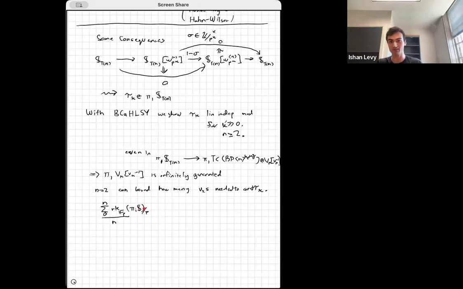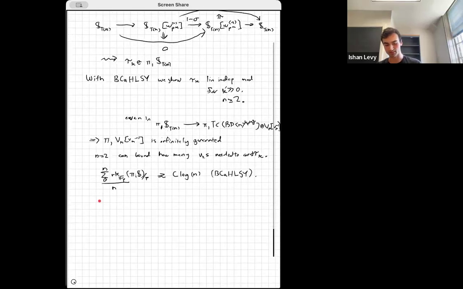So this is an Fp vector space. And what you can show is that this asymptotically grows at least like a constant times log of n. So this is a consequence of this.